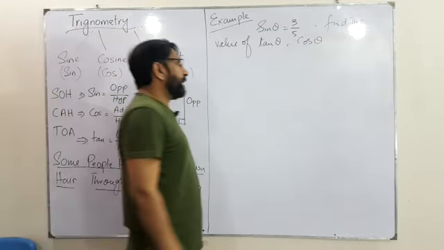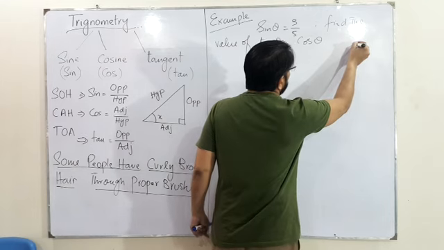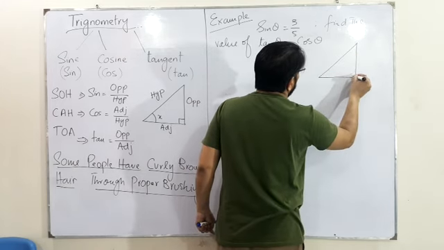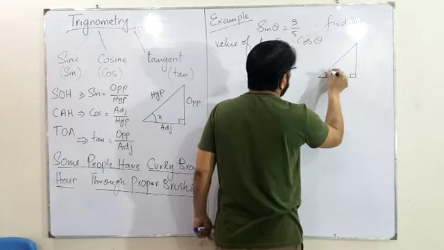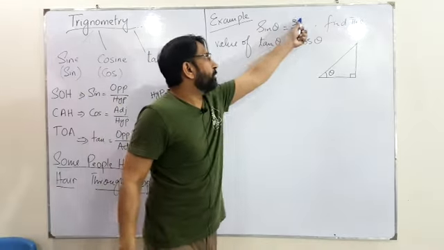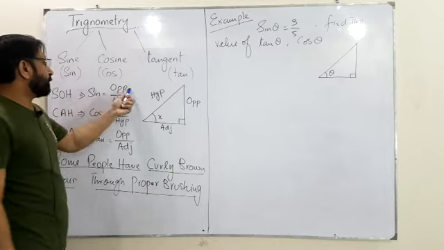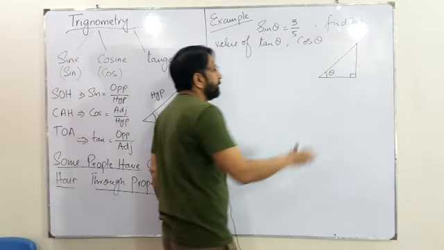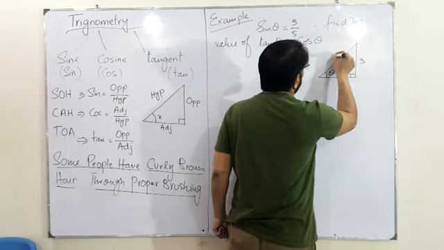We can use the right angle triangle method for this. Then we draw a right angle triangle. Here is the angle theta. Sine theta is 3 over 5 and sine is opposite over hypotenuse. So opposite is 3, hypotenuse is 5.